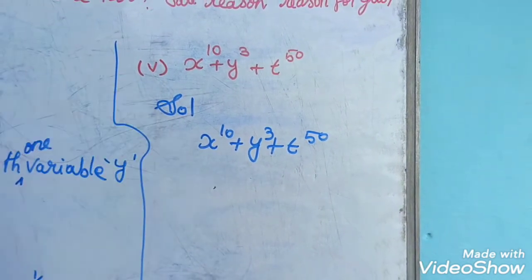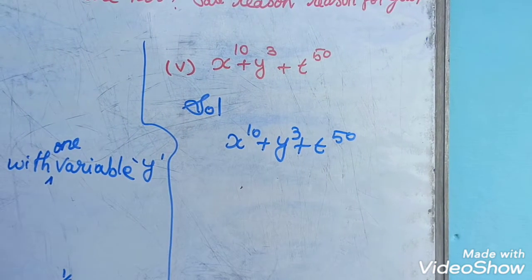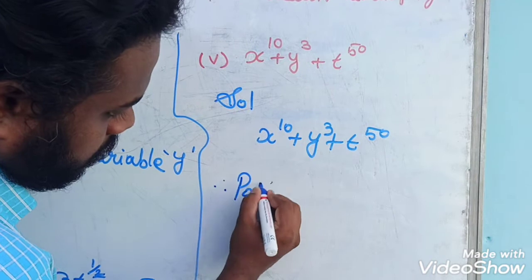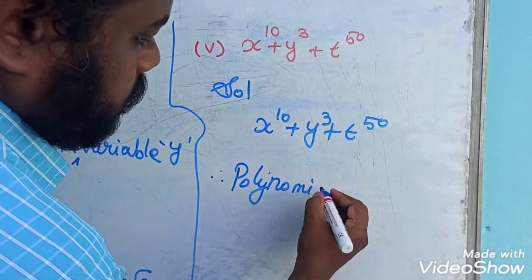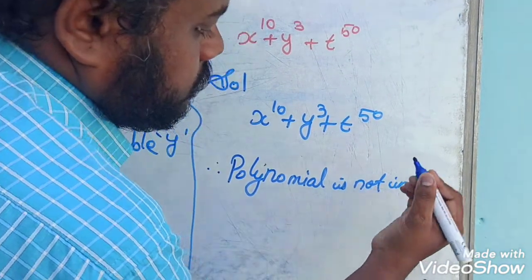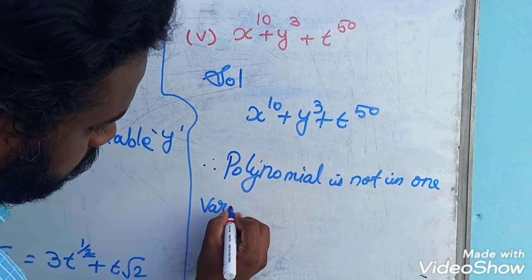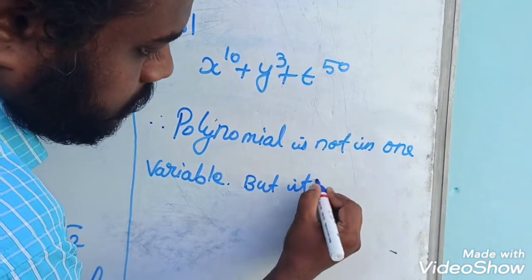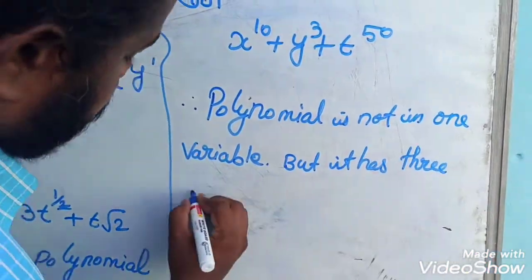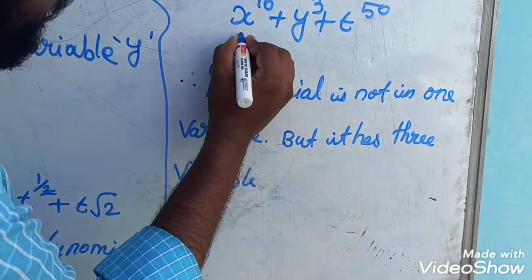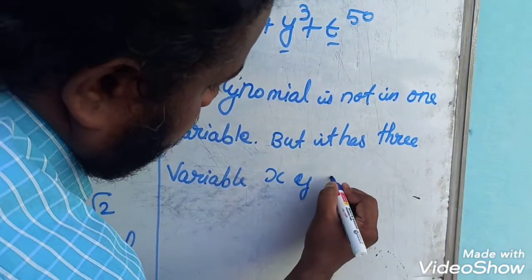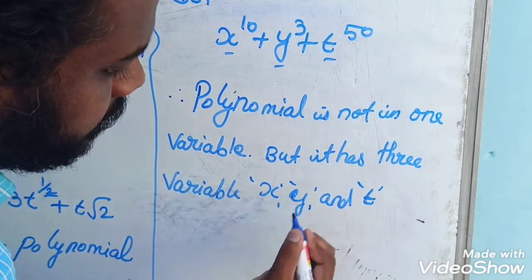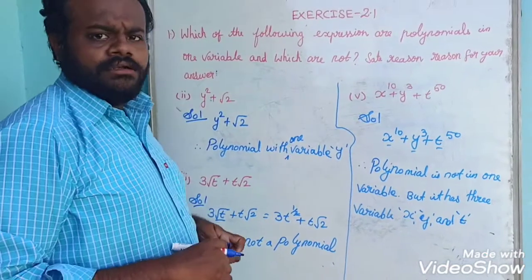Here the given expression is a polynomial, but it is not in one variable, because it has 3 variables. What are they? x, y and t.